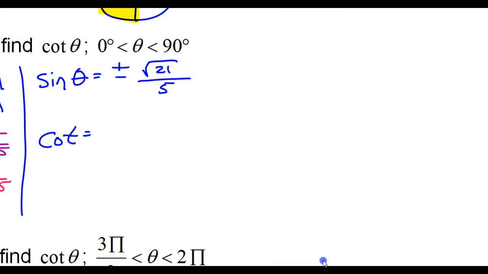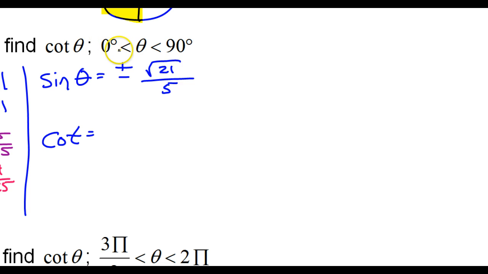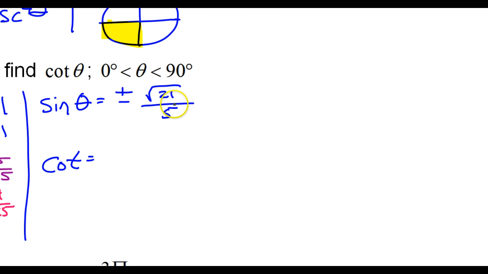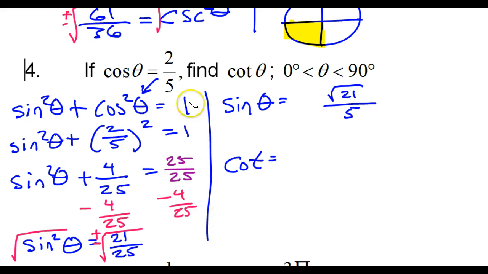Will it be positive or negative? Now we're supposed to be between 0 and 90. That's the first quadrant. So everything is positive in the first quadrant, so we can get rid of the negative sign. So like I was saying, cotangent is going to be cosine over sine.